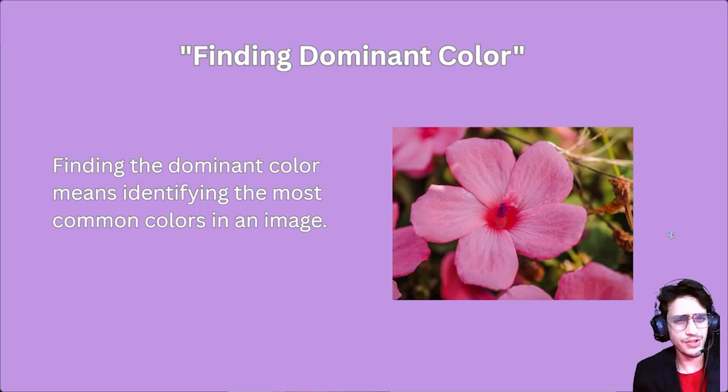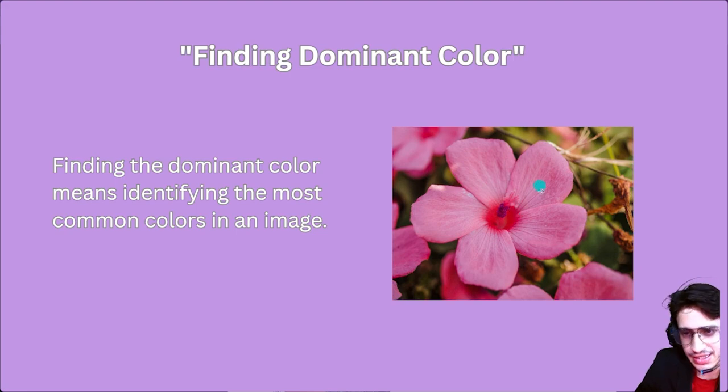So first of all, we have to understand what finding dominant color is. Finding the dominant color means we have to find the most dominant color in the image. Let's say if we consider this image here, we can see that this type of pink is the most dominant in the image.